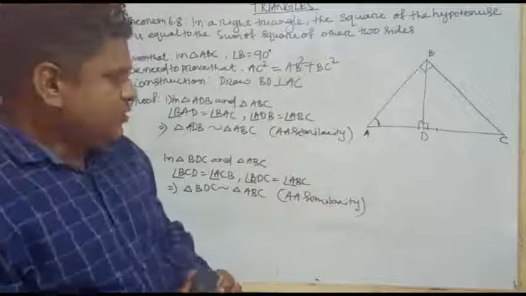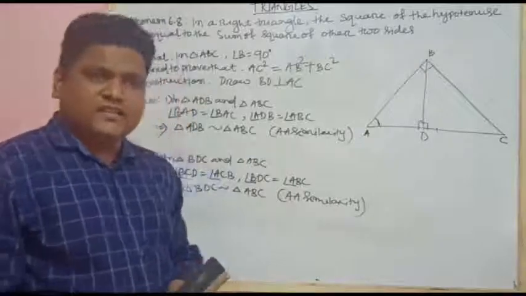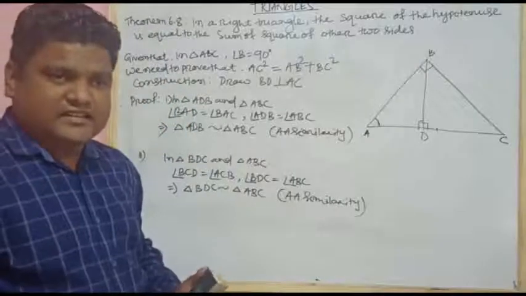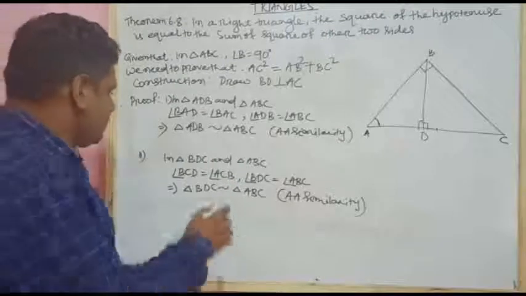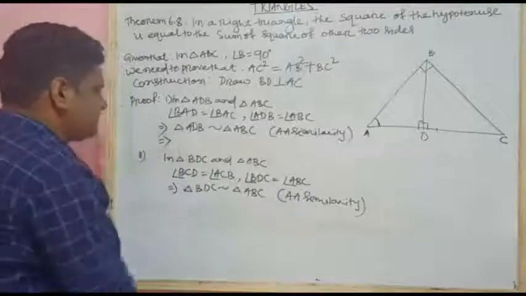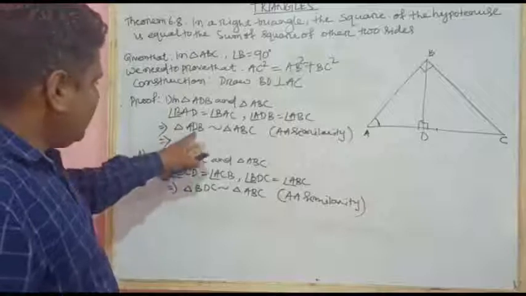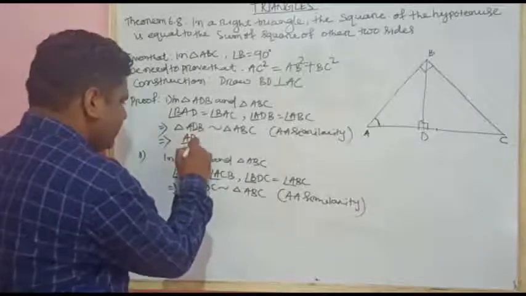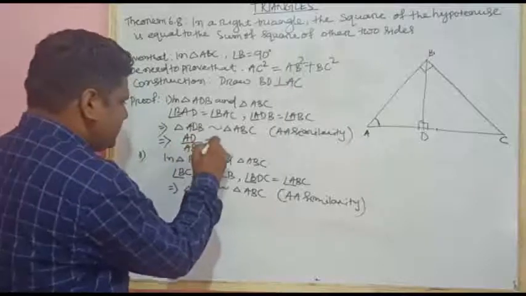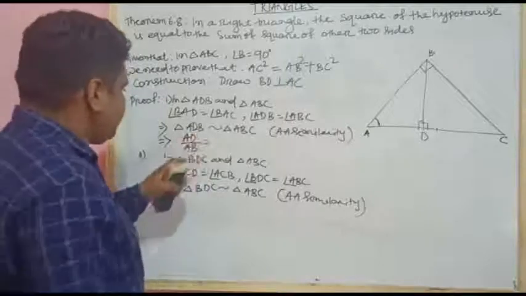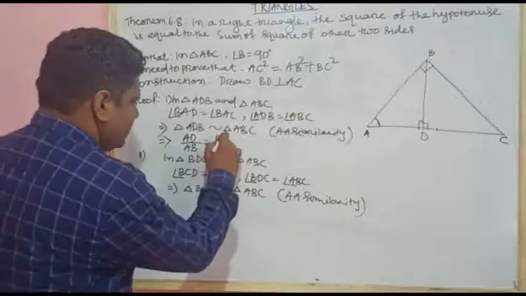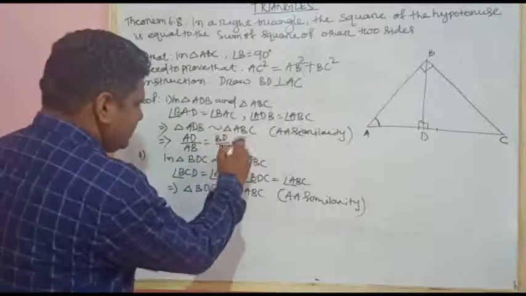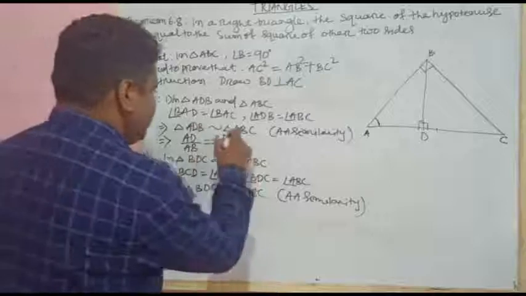If two triangles are similar, then the ratio of their sides must be equal. So from here we can write that AD by AB is equal to BD by BC is equal to AB by AC.